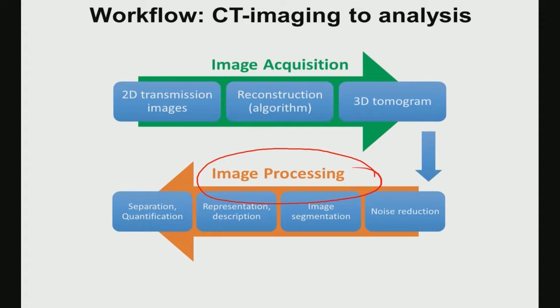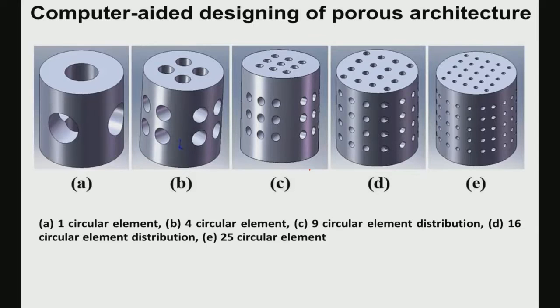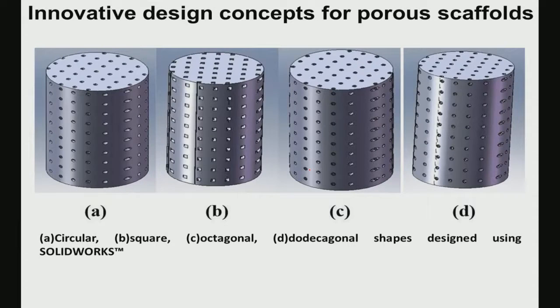Image processing means how you get meaningful data out of the micro CT results, and that requires extensive expertise in image processing software. So, I will show you some of that work from our own group, so that you know how to make these scaffolds in real life.